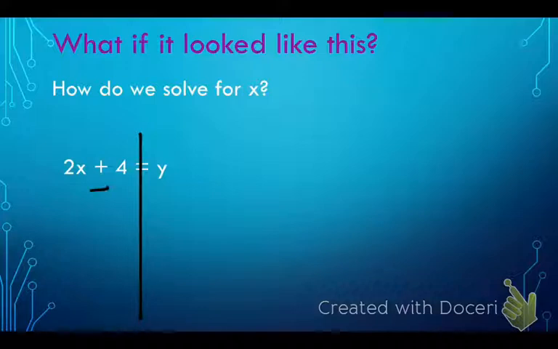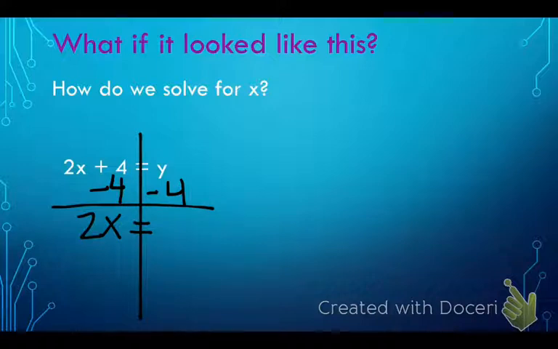So I'm first going to subtract 4 on both sides. Can I subtract 4 from y right now? No. I mean, I can, but I can't simplify it, so I'm going to leave that side as y minus 4. Now, I see I have a 2 on this side that I need to get rid of, so I'm going to divide both sides by 2. And I'm going to write my answer over here.